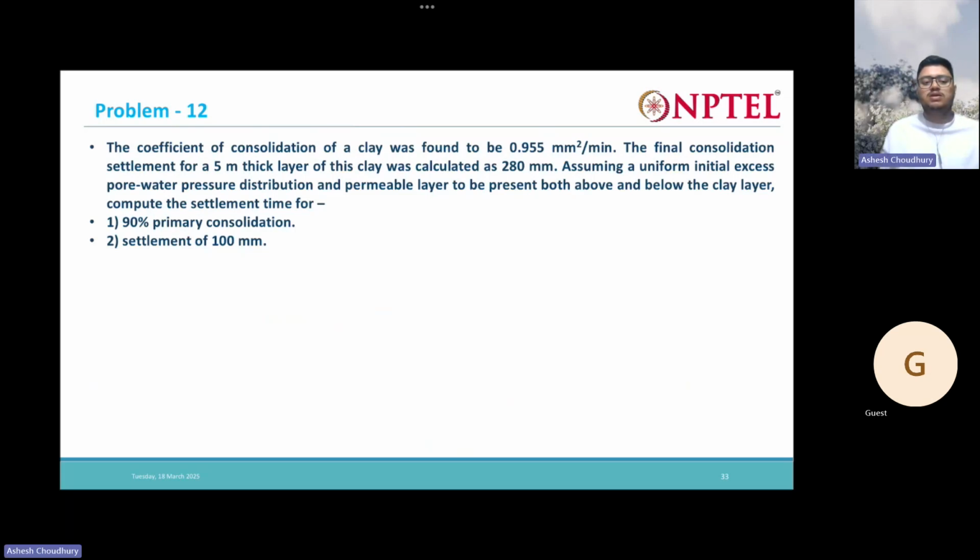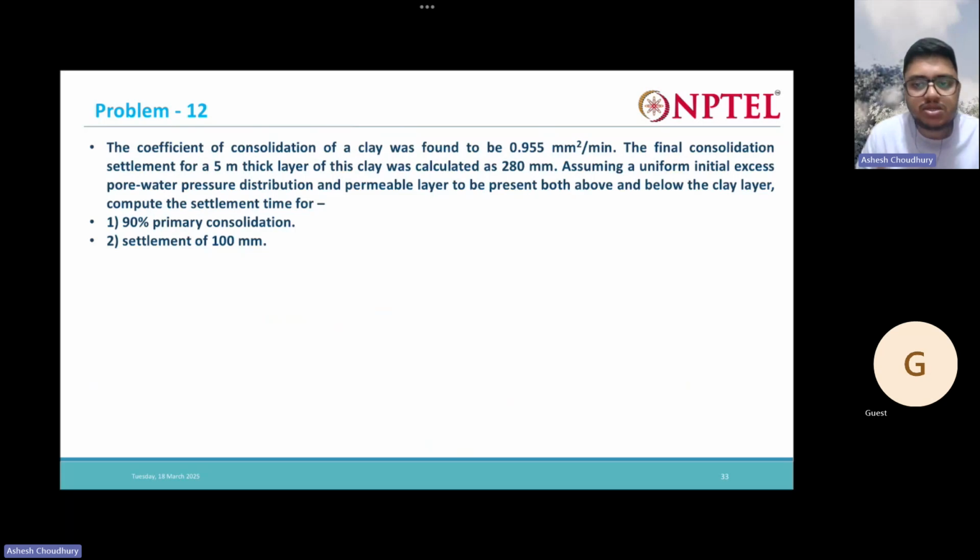The final consolidation settlement for a 5 meter thick layer of this clay was calculated as 280 mm. So the coefficient of consolidation is given, and the final consolidation settlement is also given as 280 mm for a 5 meter layer.